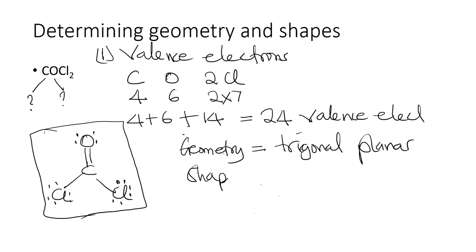The shape is also trigonal planar because we have three groups of chemical bonds. You know that a double bond is taken as a single bond when determining the shape of molecules. So this would be like one bond, two, three. So the shape and geometry will be trigonal planar.